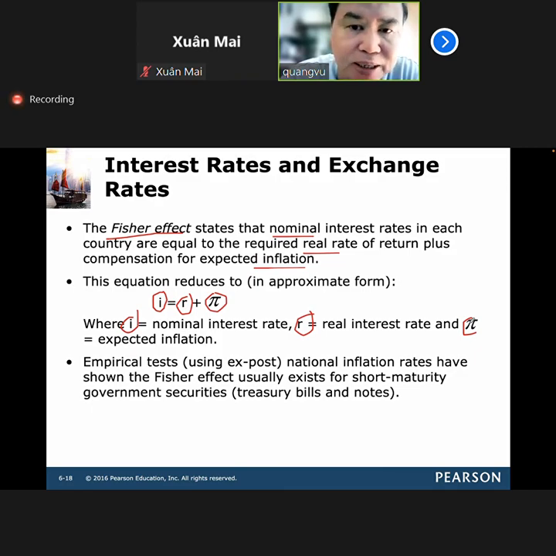Just approximately, not exactly. Now I'm helping you understand the Fisher effect theory. It just shows you the relationship between nominal rate, real rate, and inflation. Easy to understand, right?